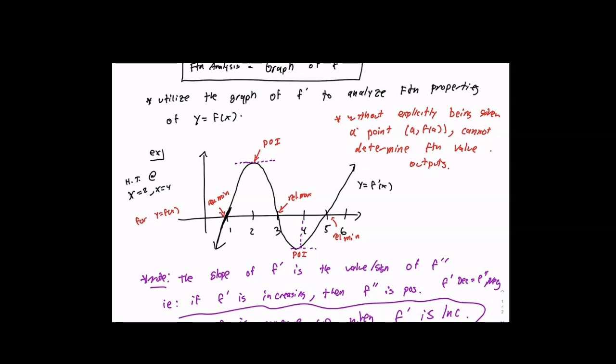Now, on the AP exam, you could be given a curved function like this. All right? And in that case, you're just trying to identify, for example, a common multiple choice question is, given this graph, how many points of inflection and how many relative mins and how many relative maxes? And you'll be given a combination of, there's 2 points of inflection, 2 relative mins, and 1 relative max. And that would be the answer.